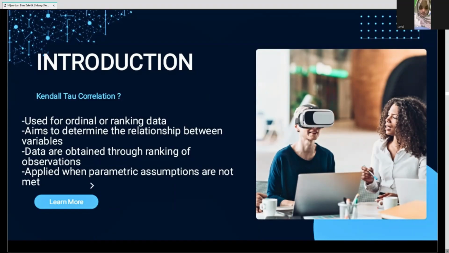The main purpose of Kendall-Tau correlation is to determine the relationship between two variables based on rank. We usually use Kendall-Tau when the data are not normally distributed, or the data are in ranking form, and parametric tests like Pearson correlation cannot be applied. So, Kendall-Tau is a good alternative when parametric assumptions are not met.